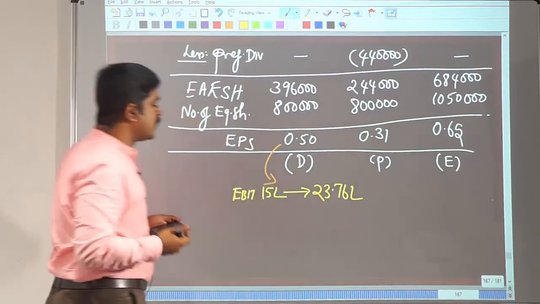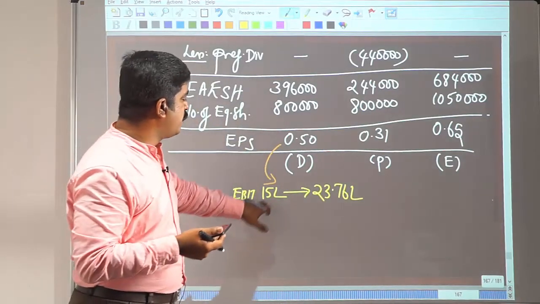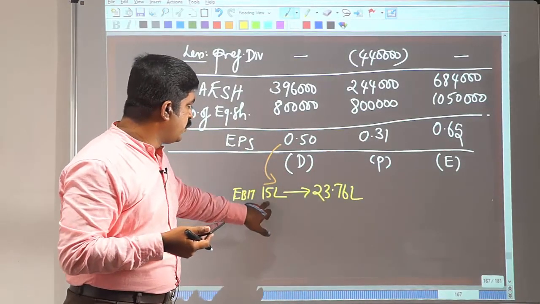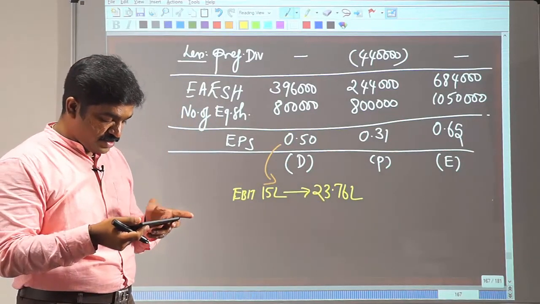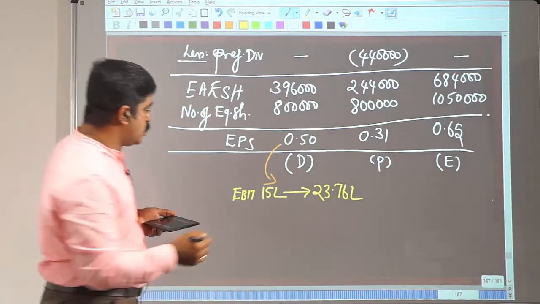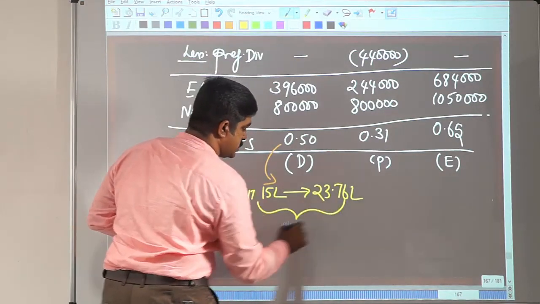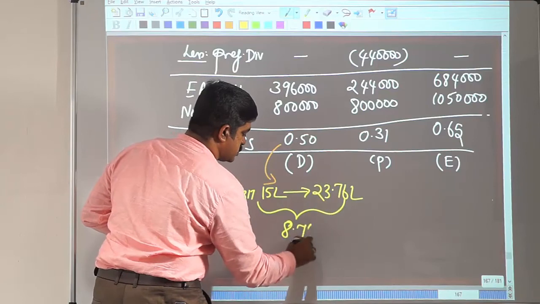23,76,000. If EBIT can move from 15 lakh to 23,76,000, what is the difference? The difference works out to 8,76,000, 8.76 lakh.